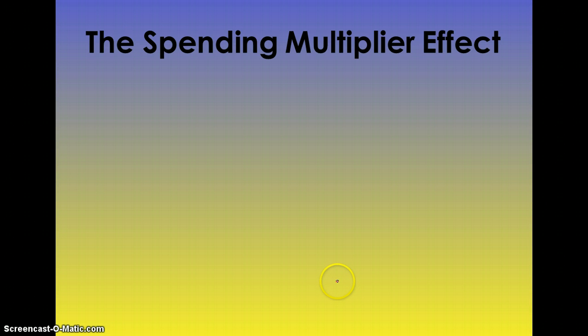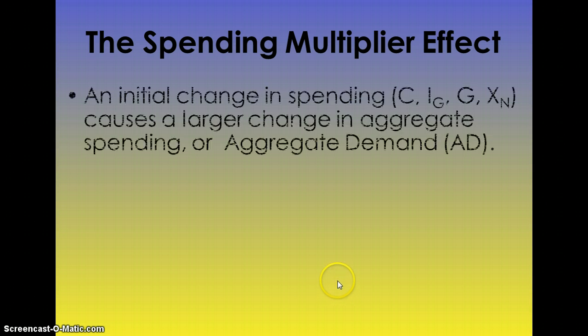So spending multiplier effect. That initial change in spending, again, with aggregate demand, consumption, investment, government, or net exports, will cause a larger change in the aggregate spending or aggregate demand overall. So the initial change becomes a larger overall change once we see that multiplied effect spending throughout the economy.